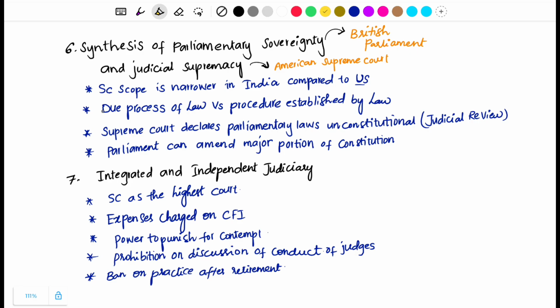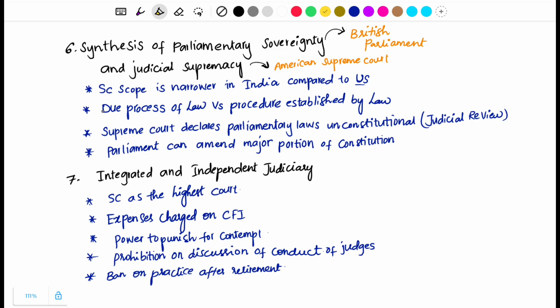The American Supreme Court is supreme in its country, whereas the Parliament in Britain is very strong. In India, we have a strong parliament and also an independent judiciary.